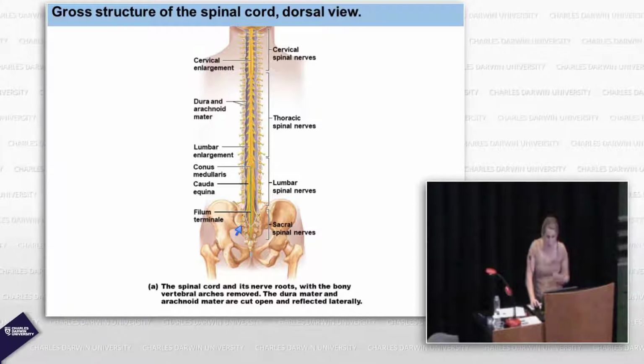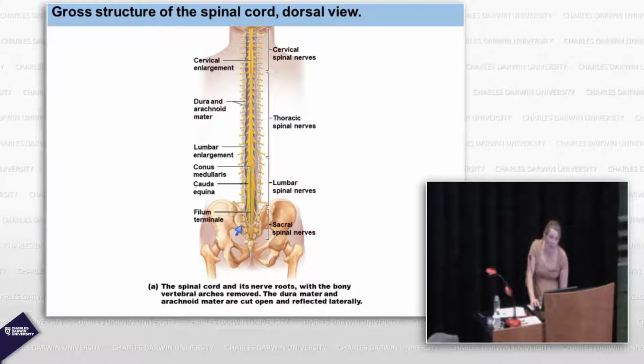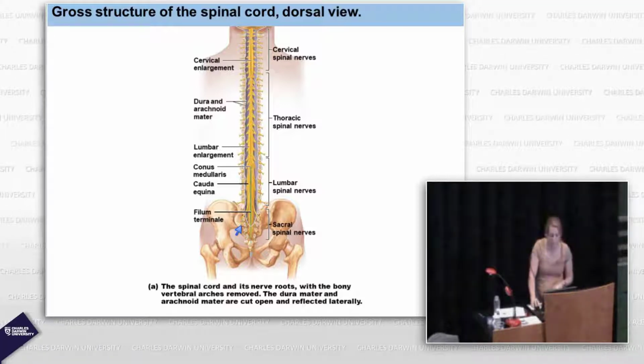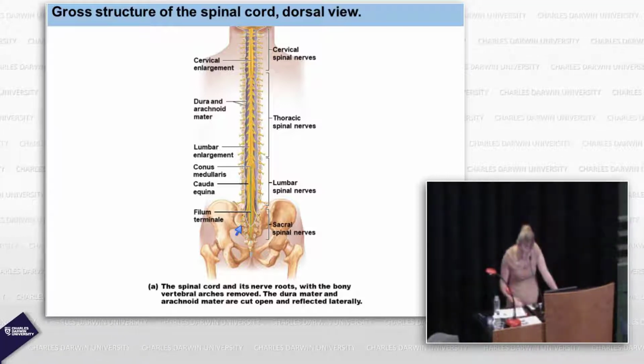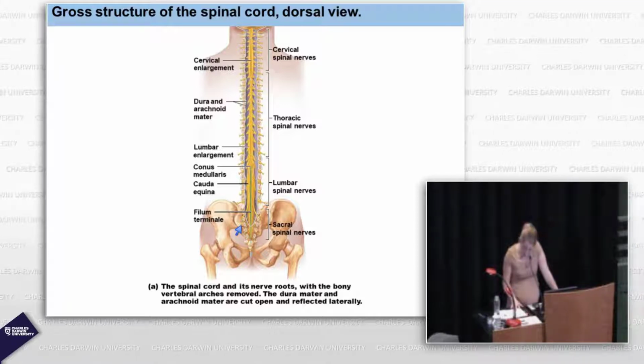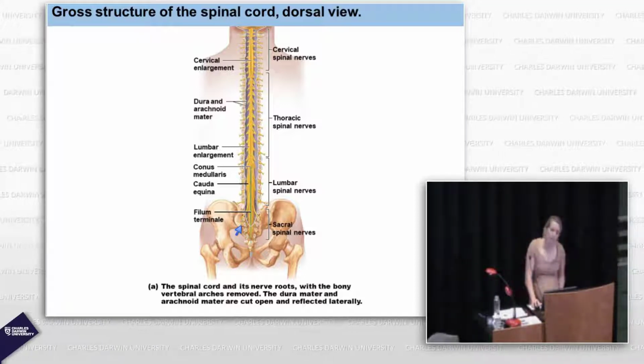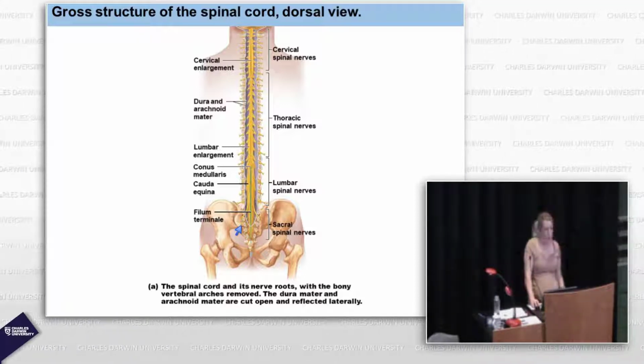Again, we'll see that better in some of the pictures in a minute. So basically the 31 pairs of spinal nerves, all matching with the vertebra. That's basically what we need to know from the gross anatomy.